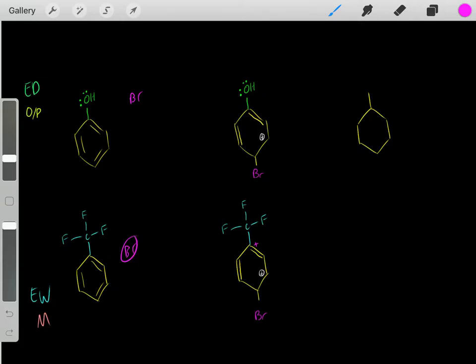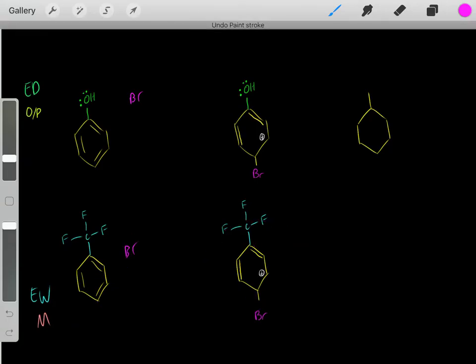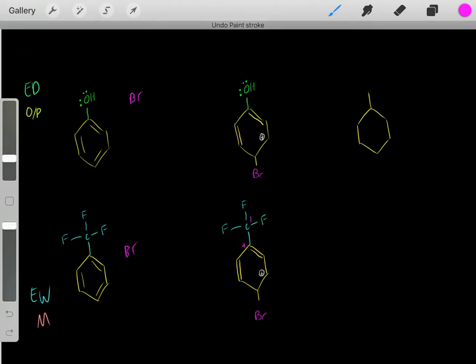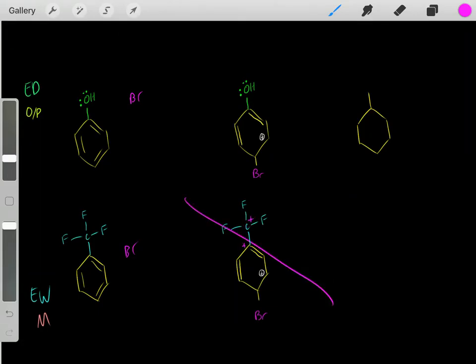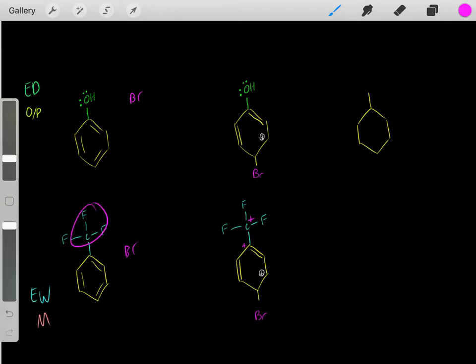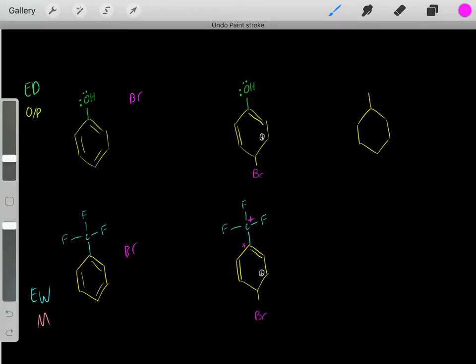So when we add this in the para position, we create this structure which has resonance, which puts a positive charge here, right next to this carbon with the positive charge. So this is not reasonable. That explains why this electron withdrawing group doesn't like adding in the para, because it has resonance that has a positive charge here, which is not stable.